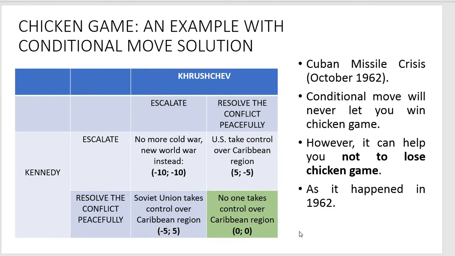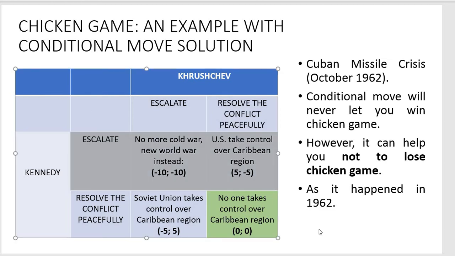So as you can guess, this is just an example of the chicken game. The structure is pretty much the same. If any of the parties would like to win this game, then this party would have to assure the other party that it will escalate the conflict anyway. So for instance, the United States can make the Soviet Union believe that whatever happens, the United States will escalate the conflict.